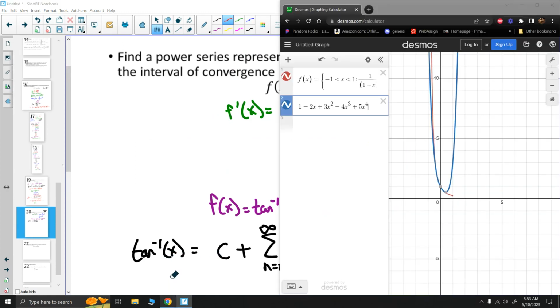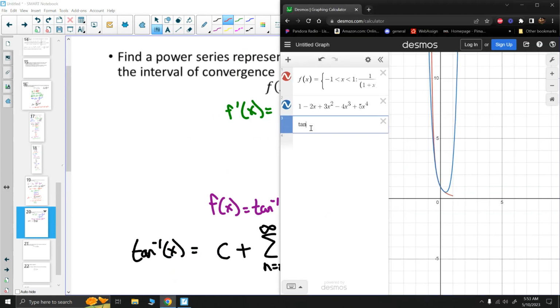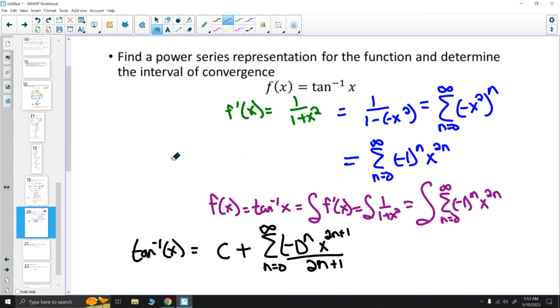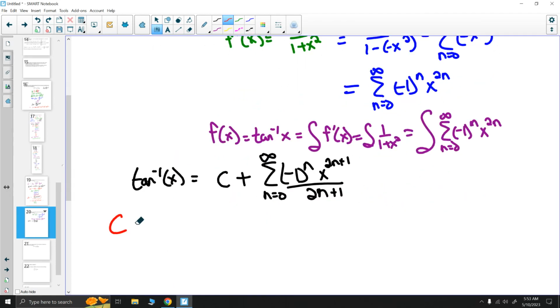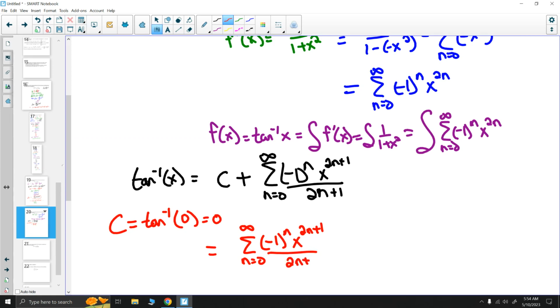Tangent inverse of 0 is 0. So c is tangent inverse of x when x is 0, which is 0. So we end up with just the sum, n equals 0 to infinity, of -1 to the n, x to the 2n plus 1, all divided by 2n plus 1. This is our power series.